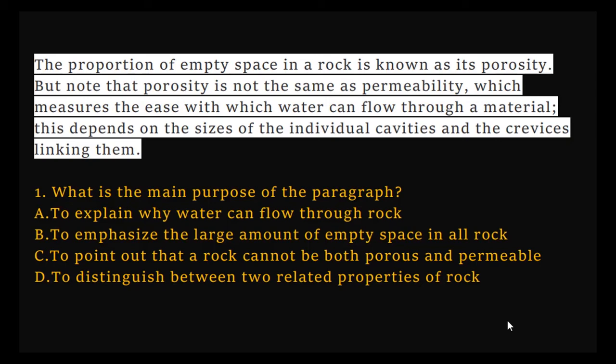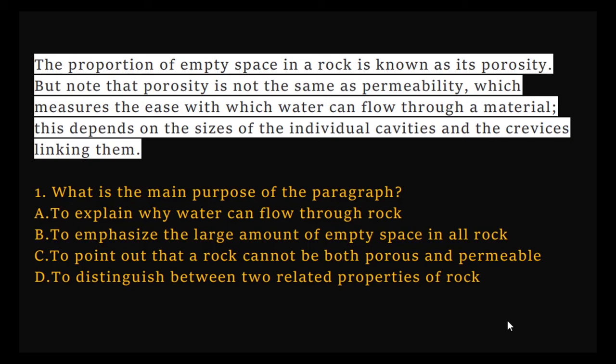To explain why water can flow through rock. This is incorrect because this paragraph is not trying to give us a reason why the water can flow. So we cancel this answer choice. We go now to the next one, to emphasize the large amount of empty space in all rock. This also is incorrect because the author is not trying to emphasize the large amount of empty space.